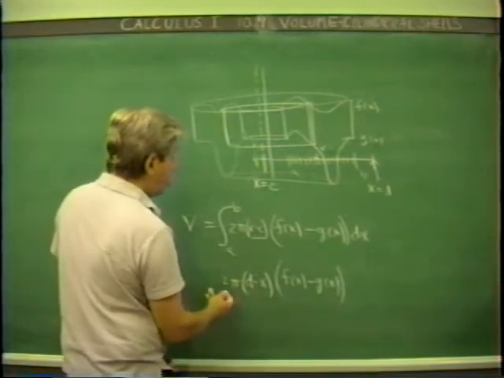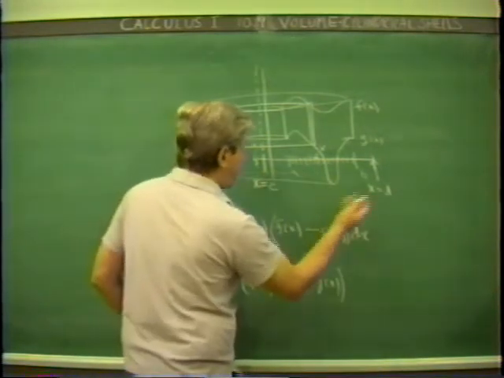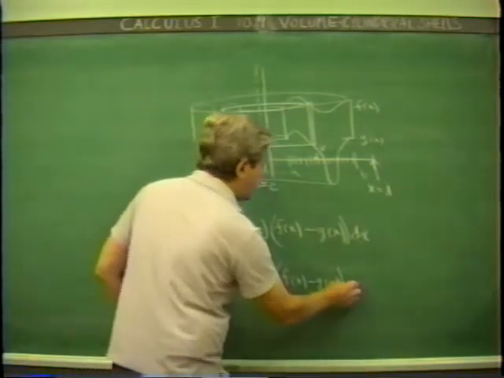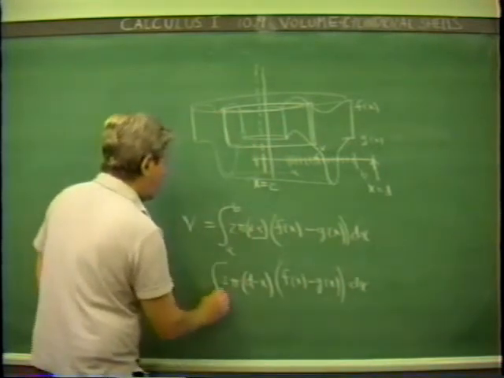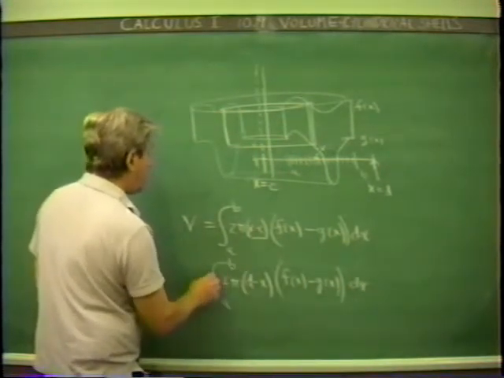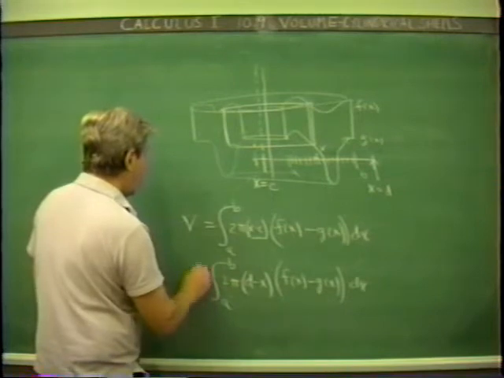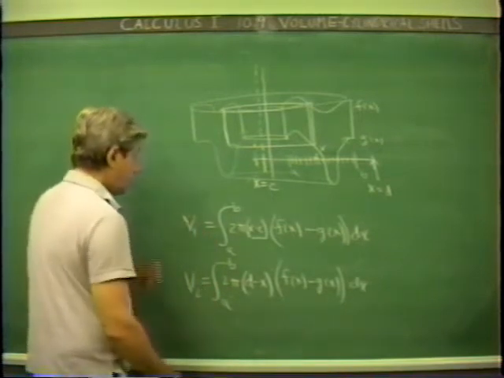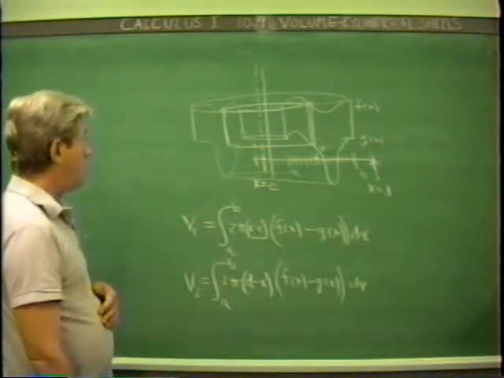Originally it's wi, but in the integral it becomes x. d minus x is the radius. 2 pi d minus x is the circumference. So the circumference times the height times the thickness. And then if we integrate this from a to b, because that's what was partitioned, this will give us the second volume here.